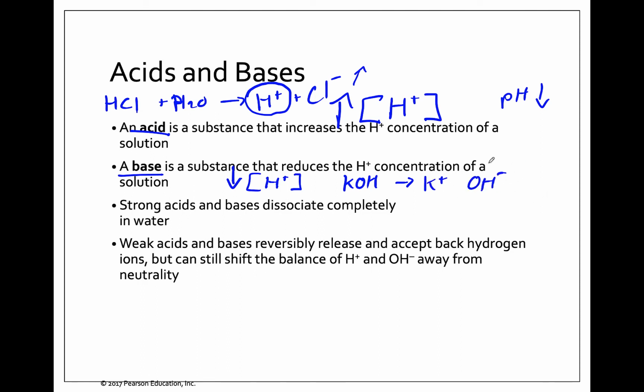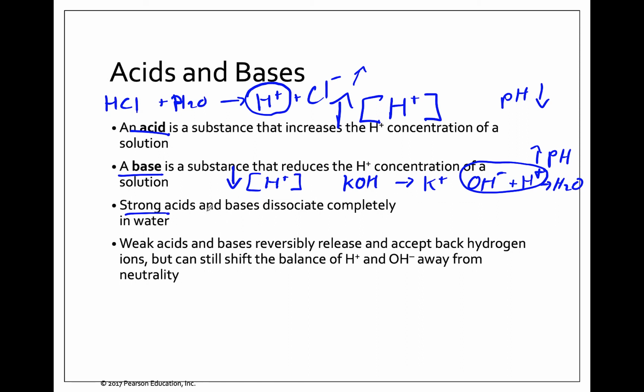And what's going to happen is that OH- is going to bond with some hydrogen ions to form water. Now that hydrogen ion has been pulled out of the solution, and that's going to cause the pH to go up.